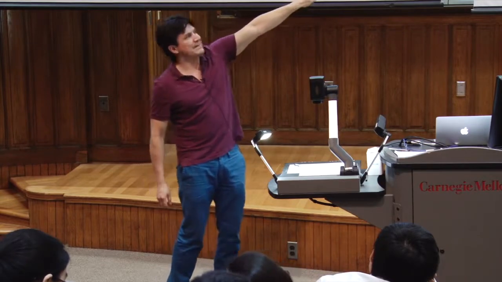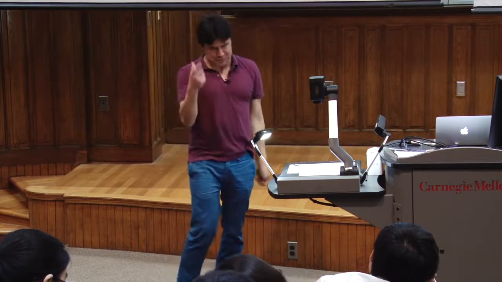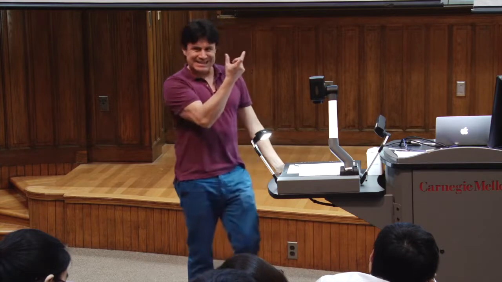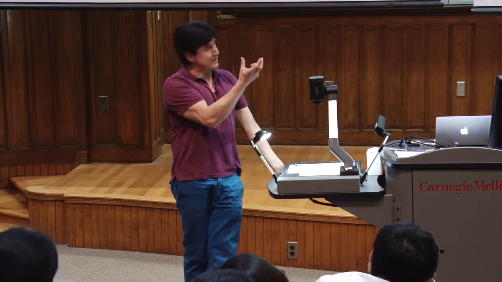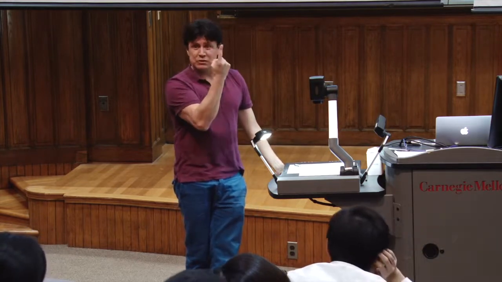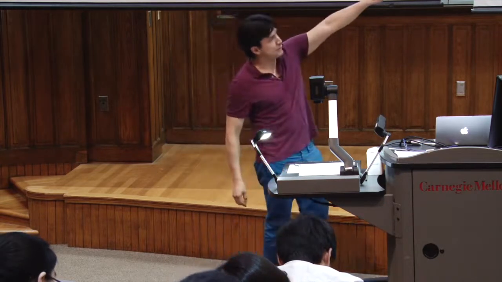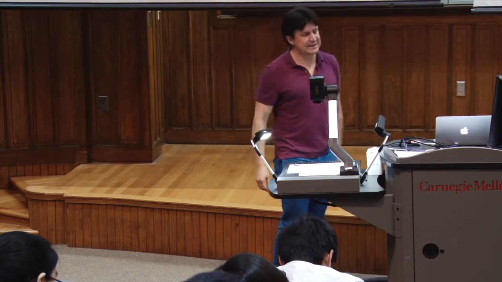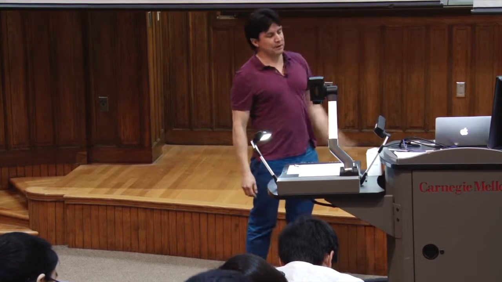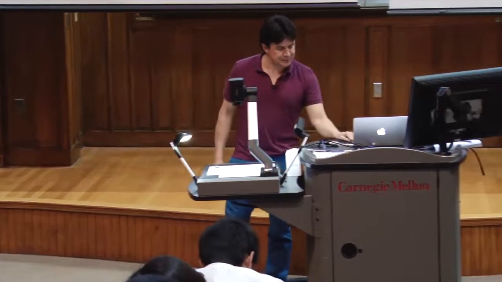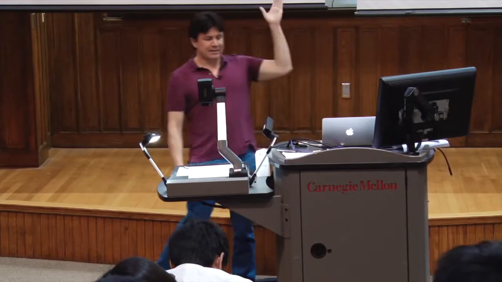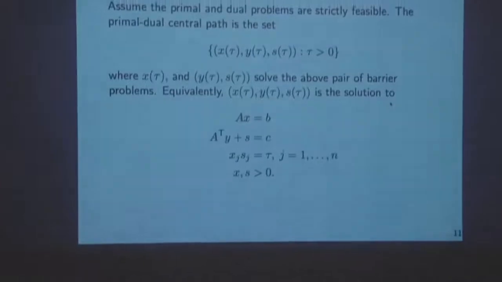For the dual problem, the s part is strictly convex, so at least as far as the s component is concerned, there could be at most one solution. Because we have full rank, the y component also has to be unique. So the central path is uniquely defined, and it's a nice smooth curve.